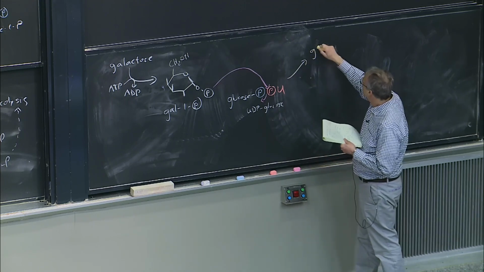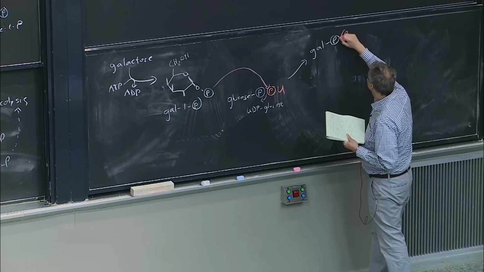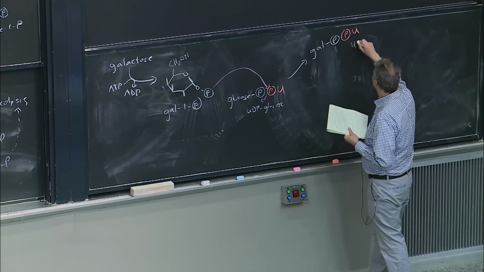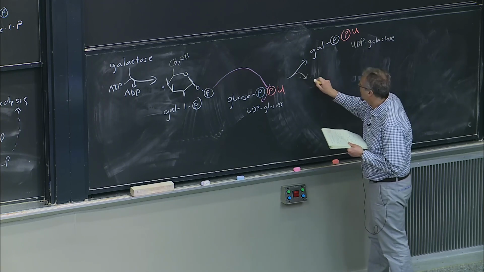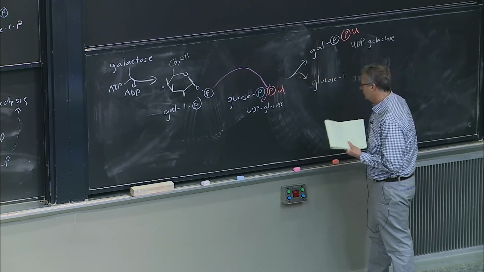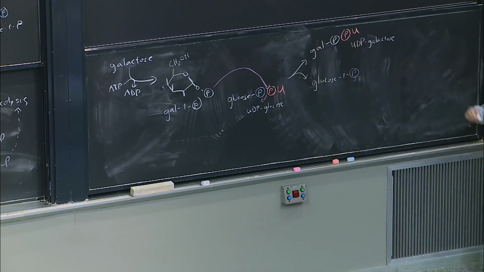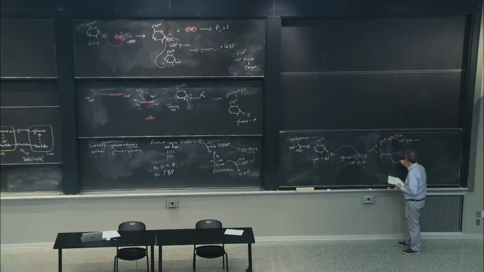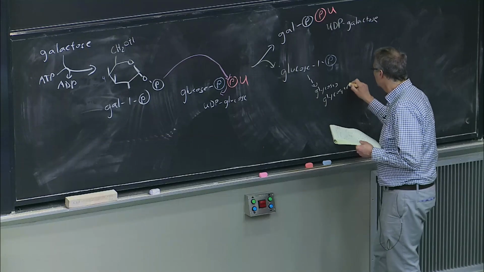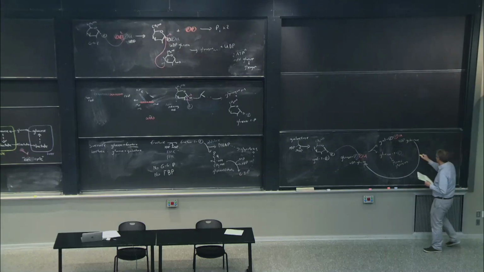That will generate a UDP galactose and a glucose 1-phosphate, which of course can enter glycolysis, can be stored as glycogen, etc. This UDP galactose can then be turned into UDP glucose via an epimerase reaction.